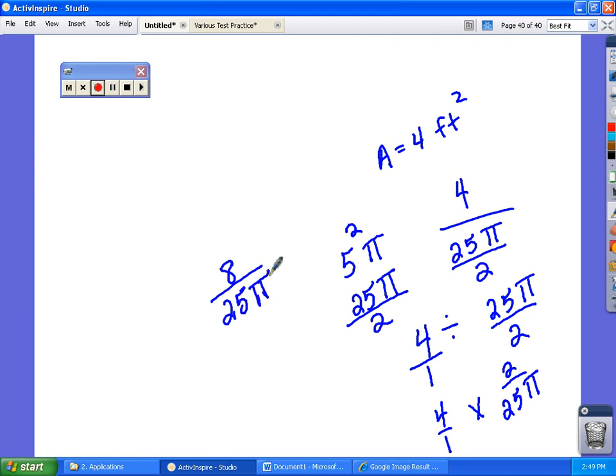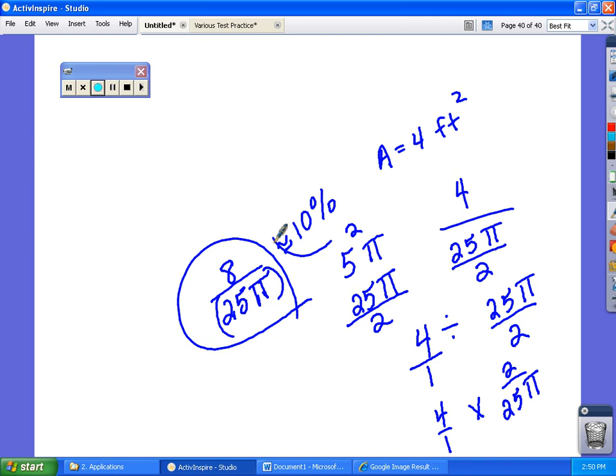Now, if you're finding the decimal, make sure you do the 25 pi first, or make sure it's in parentheses, so your calculator knows you're doing 8 divided by that whole answer. So 25 pi, and then 8 divided by that answer is about 10, there's a 10% chance. So this is your exact answer, this is your rounded percentage.